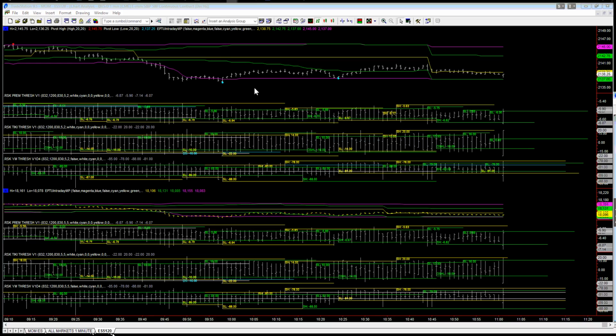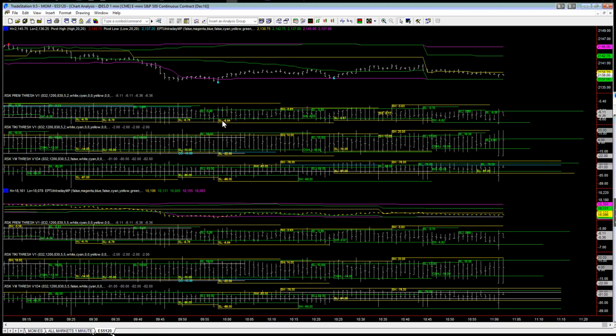Now, when a new threshold is plotted on the screen, how long it takes before that threshold shows up on the screen is dependent upon the right strength of the pivot setting.